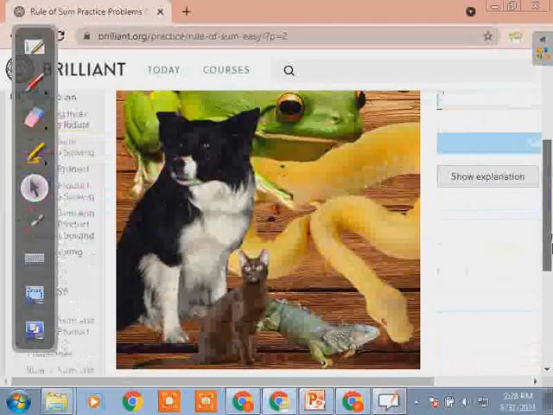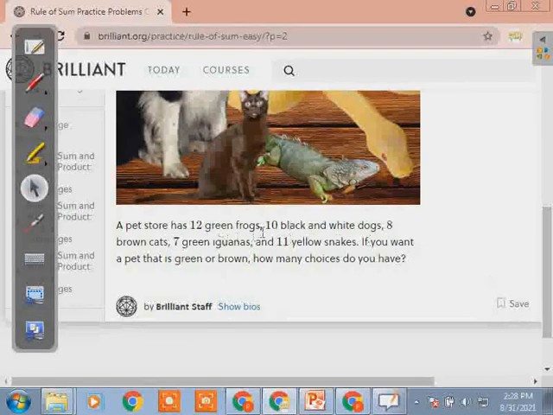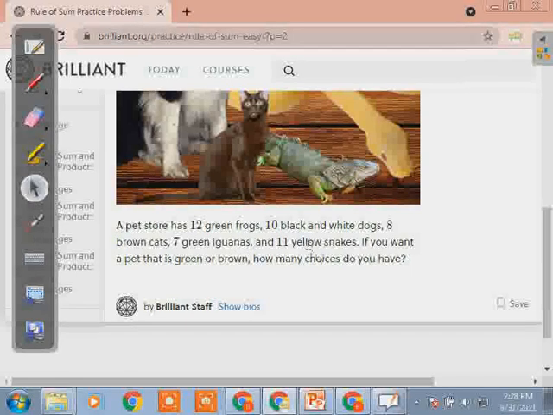Next problem is about a pet shop. A pet shop has 12 green frogs, 10 black and white dogs, 8 brown cats, 7 green iguanas, and 11 yellow snakes. If you want a pet that is green or brown, how many choices do you have?